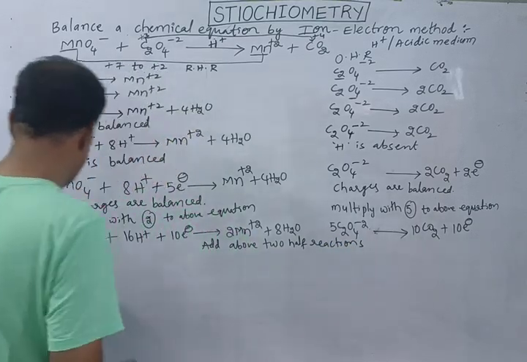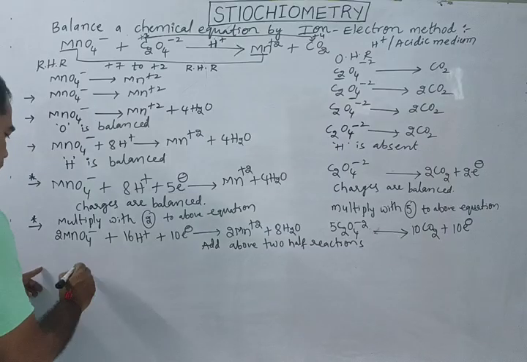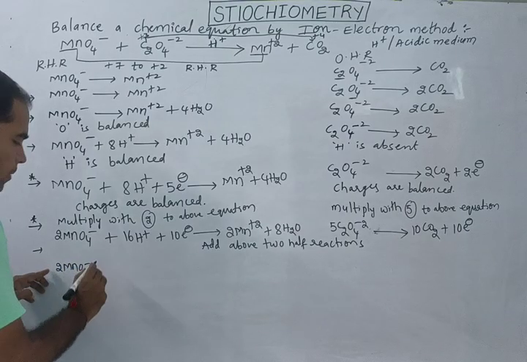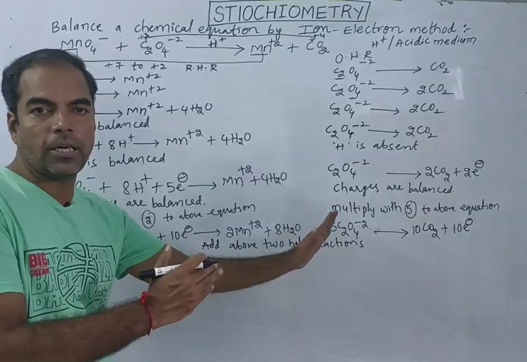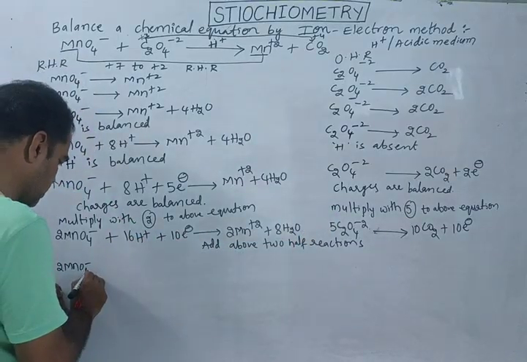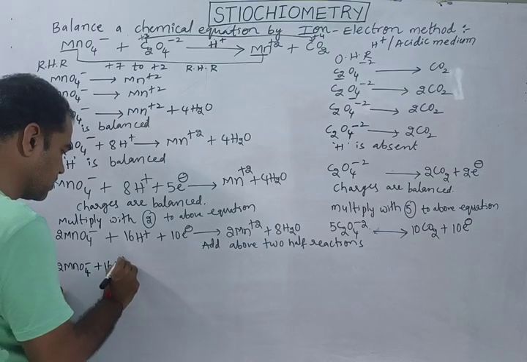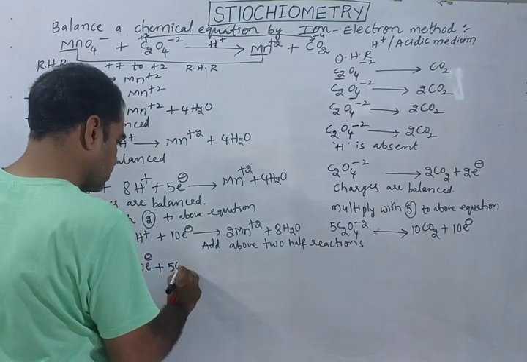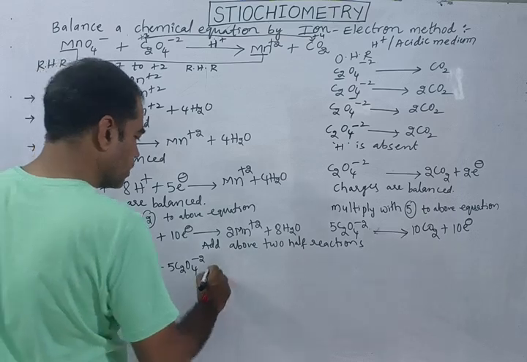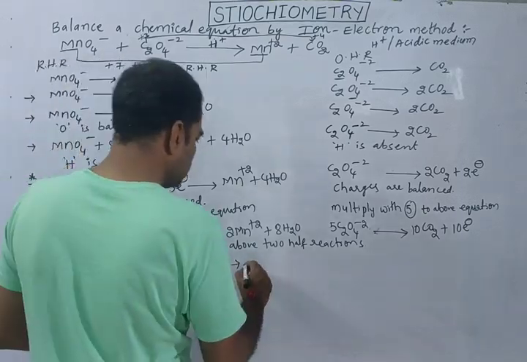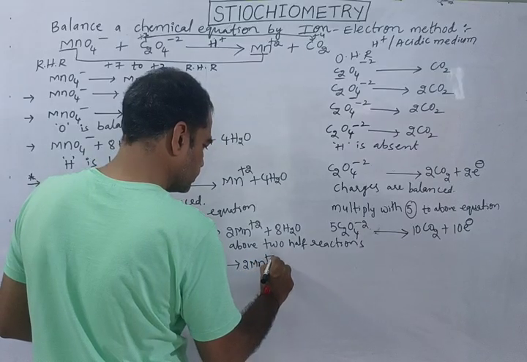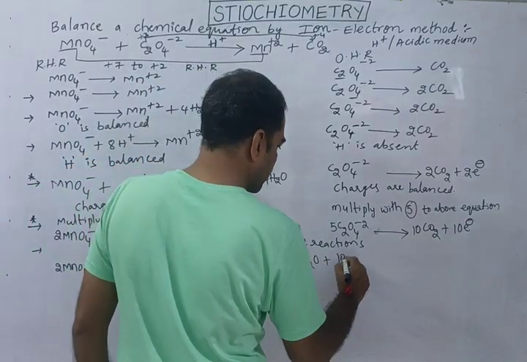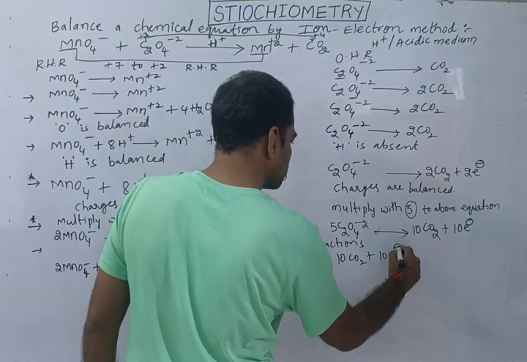Just represent all reactants on one side, all products on the other side. 2 MnO4 minus plus 16H plus plus 10 electrons plus 5 C2O4 minus 2 gives rise to the products 2 Mn plus 2 plus 8H2O plus 10 CO2 plus 10 electrons.